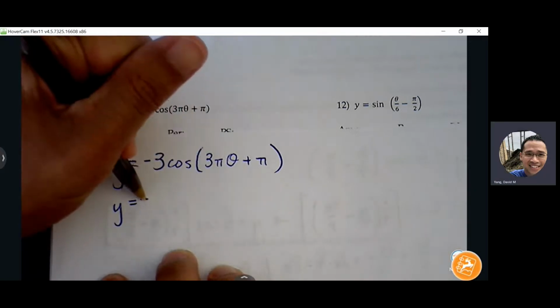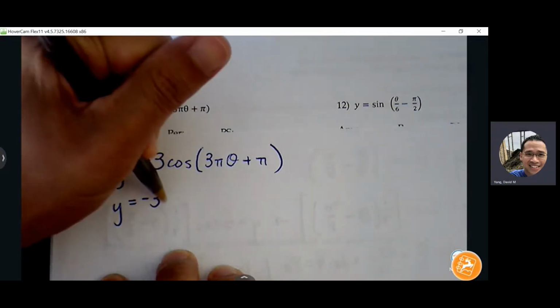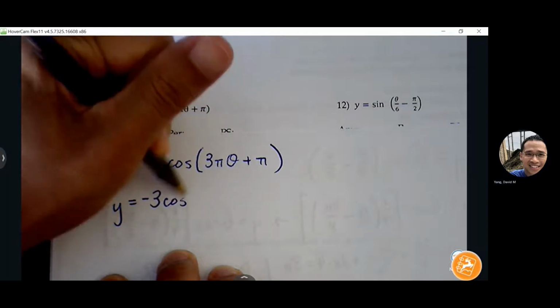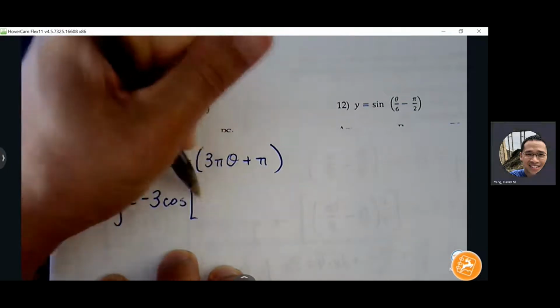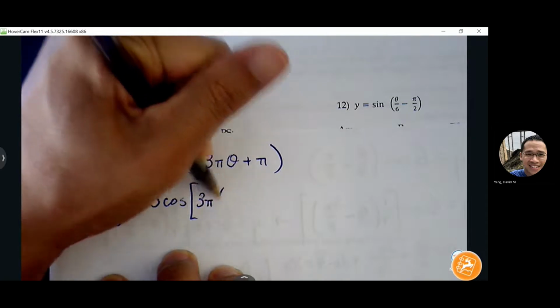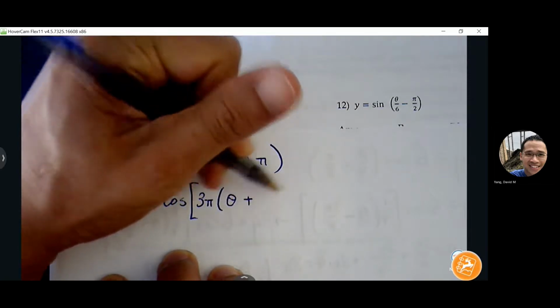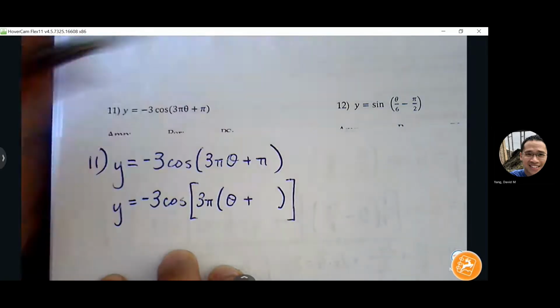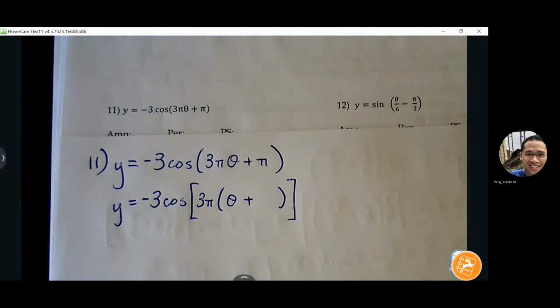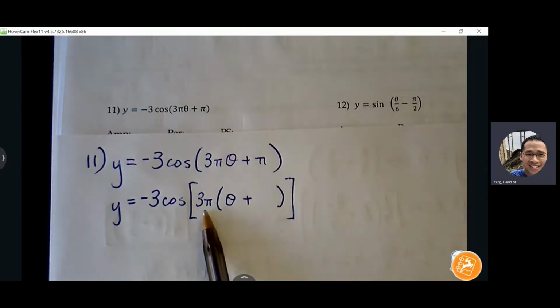So that's going to make an impact with what comes inside the parentheses. So I pull the 3 pi out, which means I have to adapt a 3 pi where?